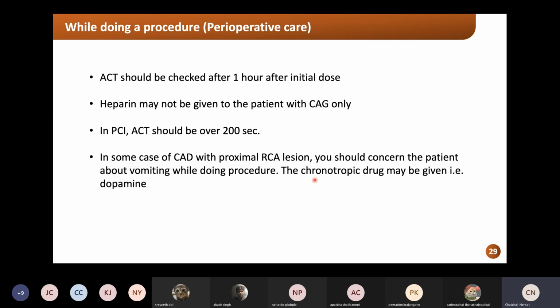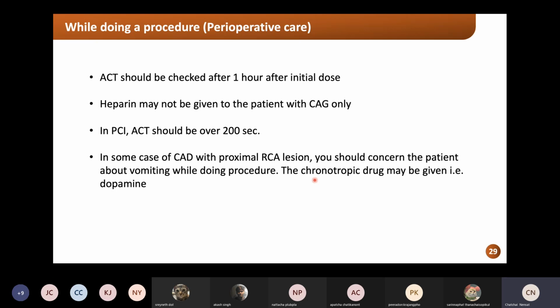It just depends on the case, on the case duration as well. Like, if we're doing a PCI for 1 hour but the case will finish in just 10 minutes, the doctor might not consider giving the heparin at all.